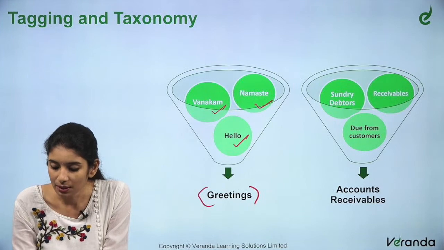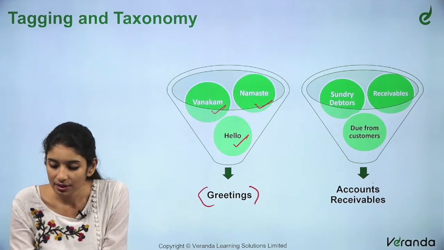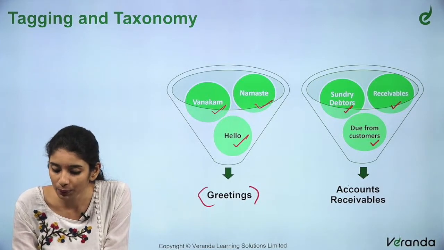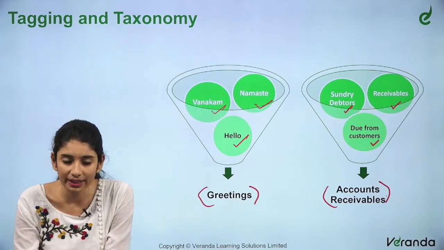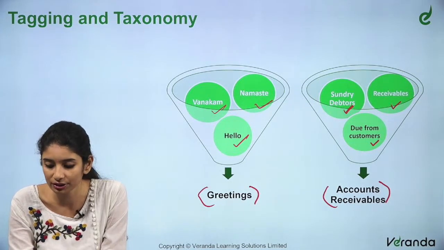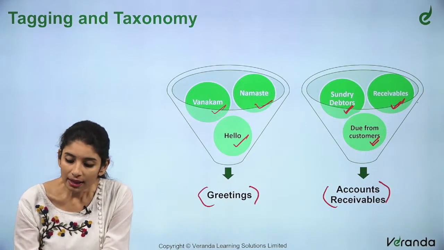Similarly, when I want to say accounts receivable, someone could call it sundry debtors, someone could call it receivables, someone could call it due from customers. Is it possible that company A calls it sundry debtors, company B calls it receivables, company C calls it due from customers? Yes, it is possible.